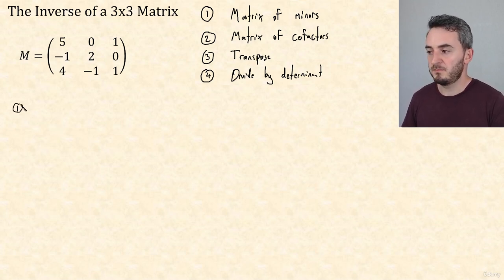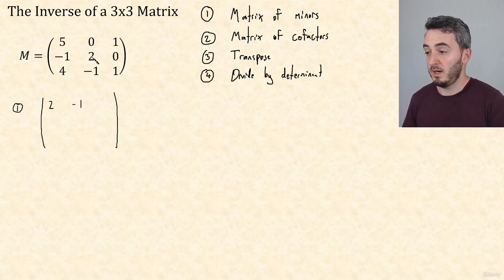So step 1, find the matrix of minors, which is our matrix made up of all of the little determinants of the submatrices. So the first one, we've got 2 minus 0. Next, it's negative 1 minus 0. Next, it's 1 minus 8.